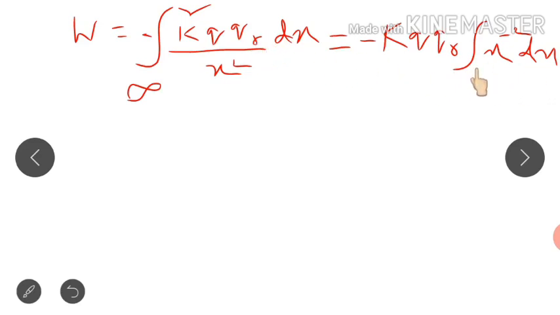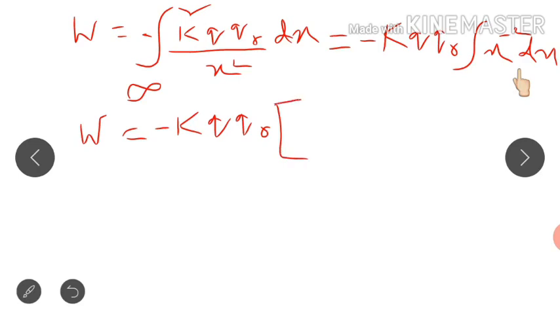Now I think we know how to integrate. X to the power n dx is x to the power n plus 1 upon n plus 1. So W will be equal to minus K Q Q0, and its integration will be x to the power minus 1 upon minus 1, and limits are infinity to r.